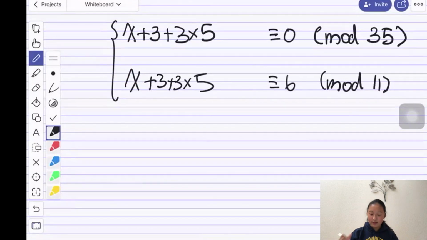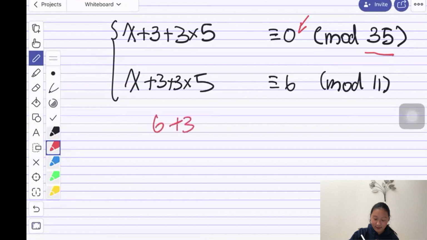Okay, now as I've also said before, since it's a 0, we don't want to change it. So that means that we're going to have to add multiples of 35. We can also subtract multiples of 35 if it's too hard. Let's first start with adding. If we did 6 and we added 35, we'd get 41. 41 is not a multiple of 11.